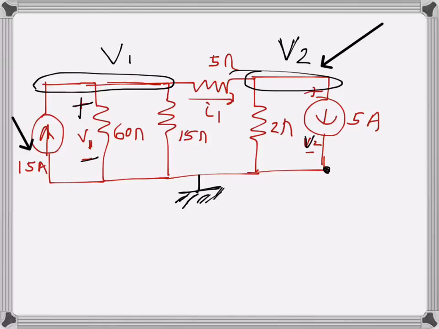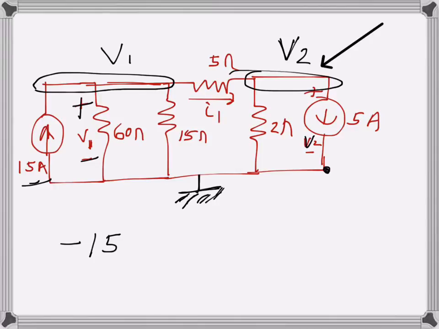Now we will write the outgoing currents as positive. That's a better way to represent it. So any current that is outgoing will be positive, and 15 amps will be negative, since this is an incoming current to the node.